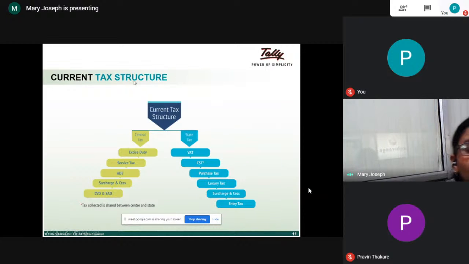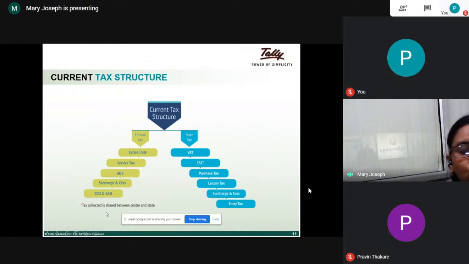Previous tax structure. Actually, not the current, it is the previous tax structure. Central taxes: excise duty, service tax, surcharge and cess, CVD and SAD. These are the central taxes, and for the state taxes: VAT, CST, purchase tax, luxury tax, surcharge and cess, and entry tax.